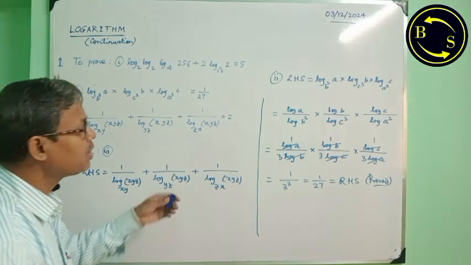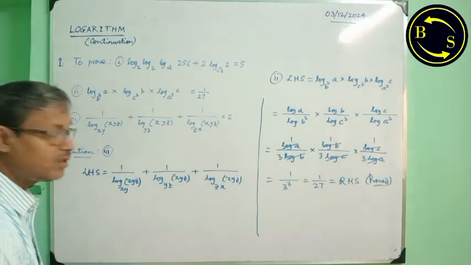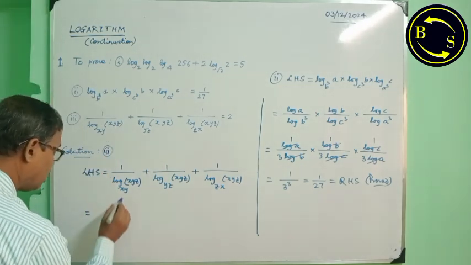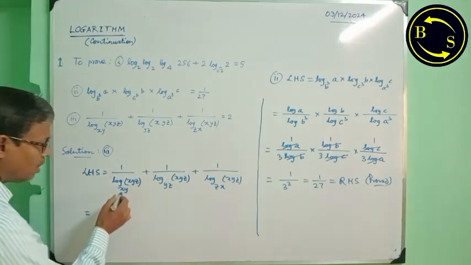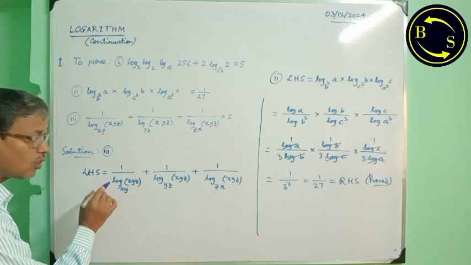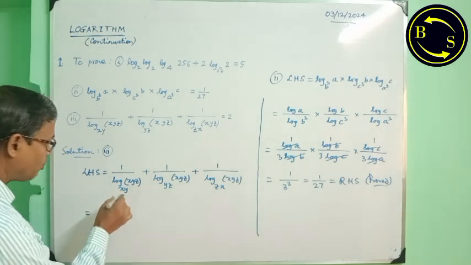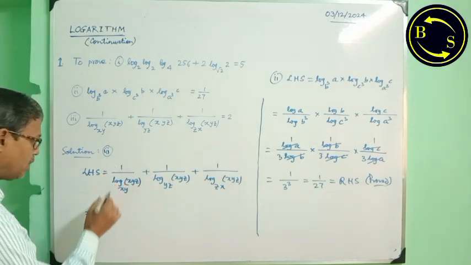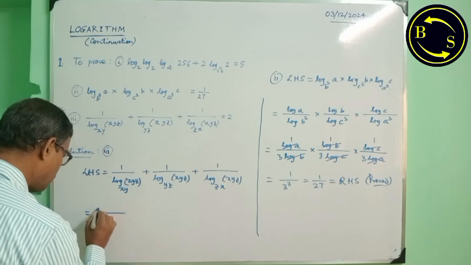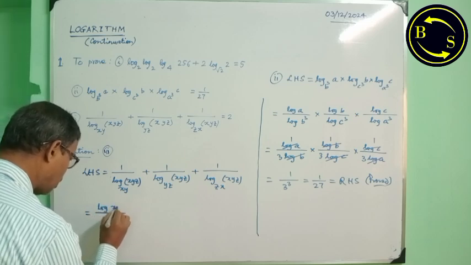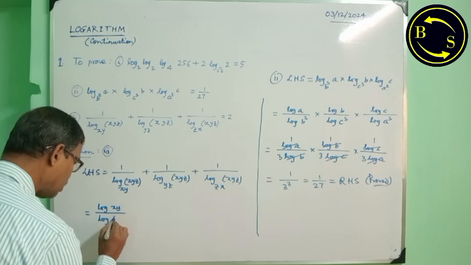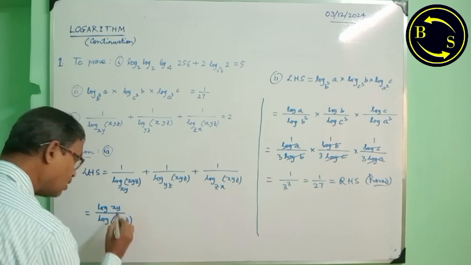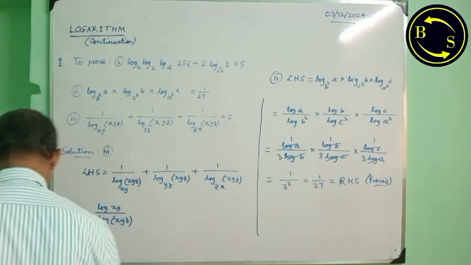As I have mentioned in the earlier sum, first we change the base like this. It will be log of xyz by log xy. The denominator is log of xy, therefore log of xy will be taken at the numerator.